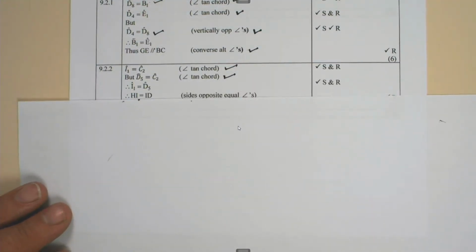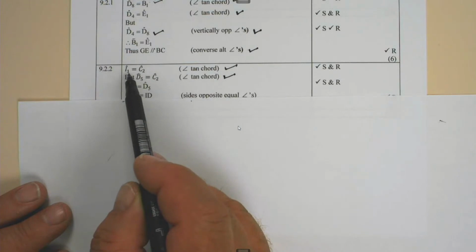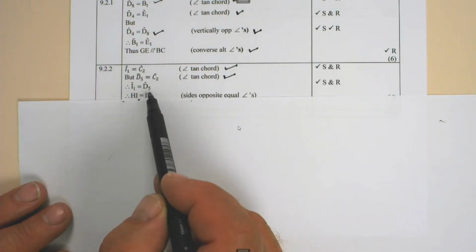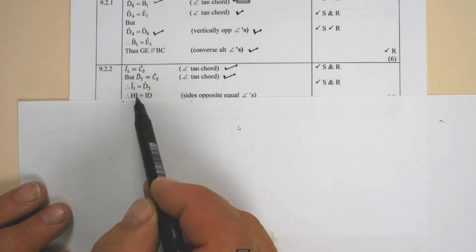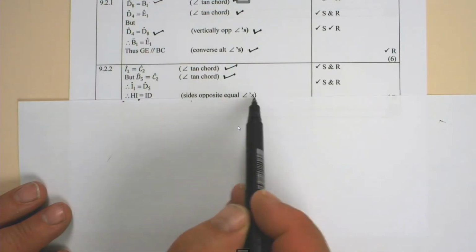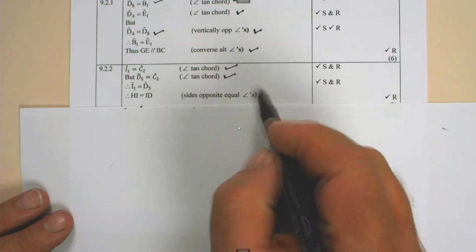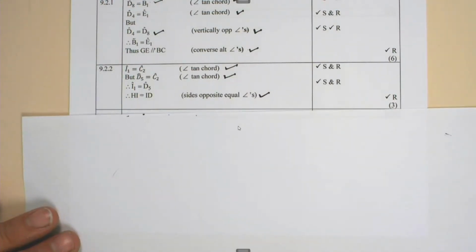And therefore, if I1 is equal to C2 and C2 is equal to D5, then I1 is equal to D5. And if I1 is equal to D5, then we can say sides opposite equal angles, therefore HI is equal to HD. That is 1 mark for your reason.